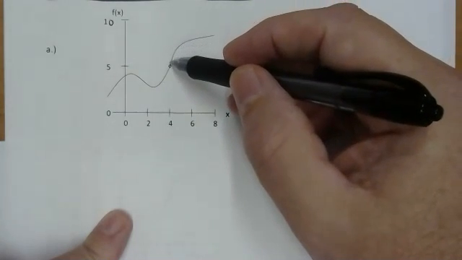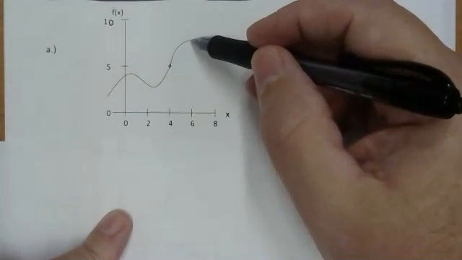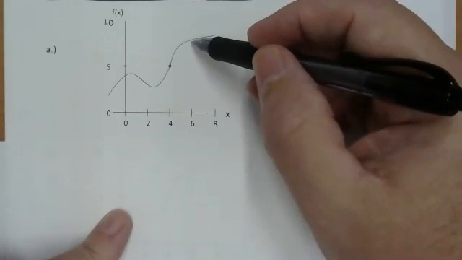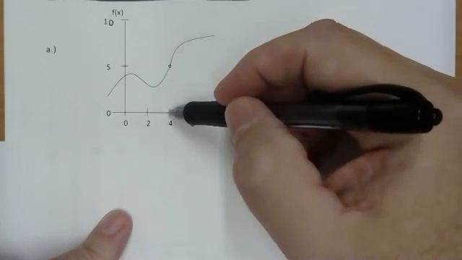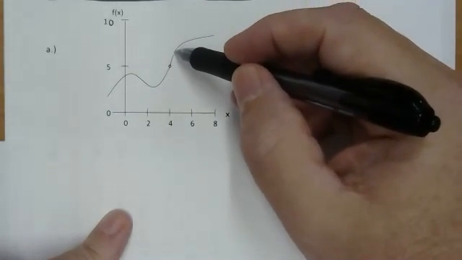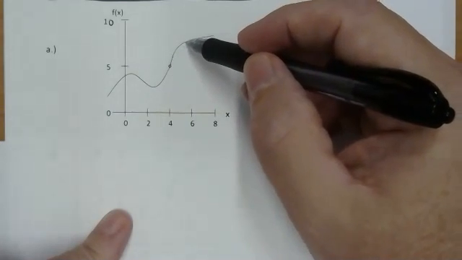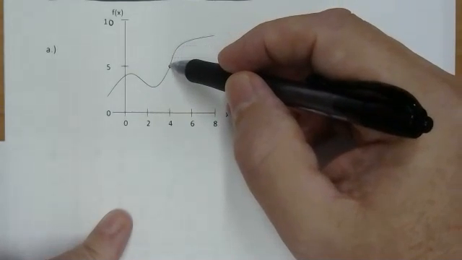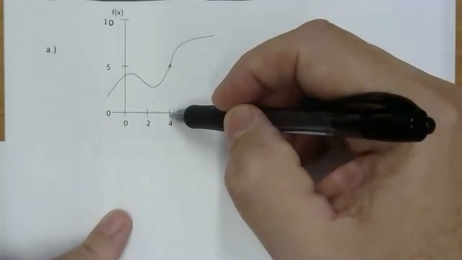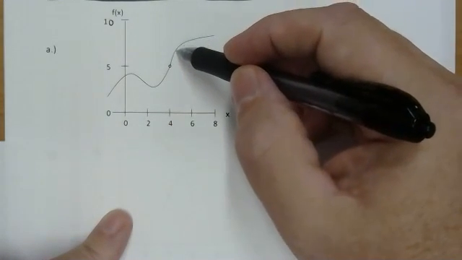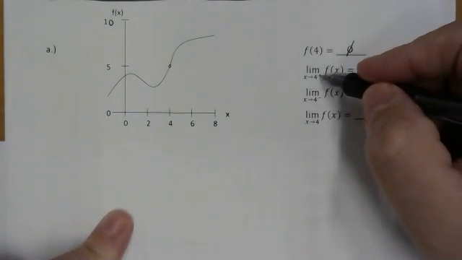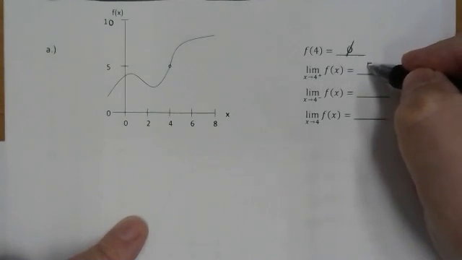So you ask yourself, the limit means what's the value that the function is approaching as x is approaching 4. Hopefully you can see by this graph that the function is heading toward a value of 5 as the value of x gets closer and closer to 4 coming from the positive side. So the limit as x approaches 4 from the positive side is going to be 5.